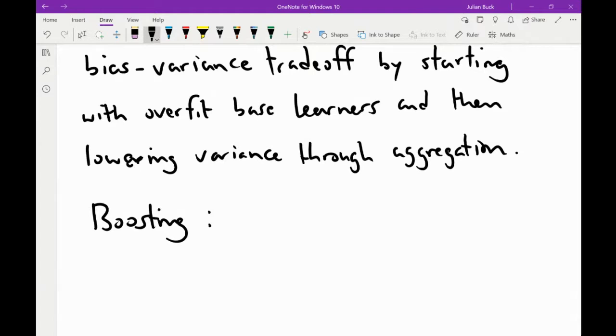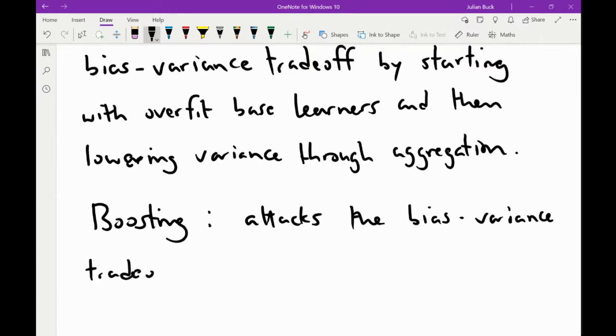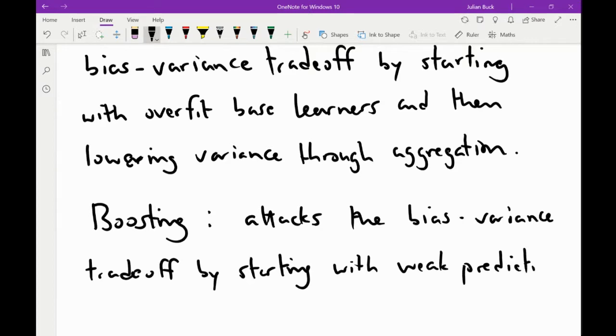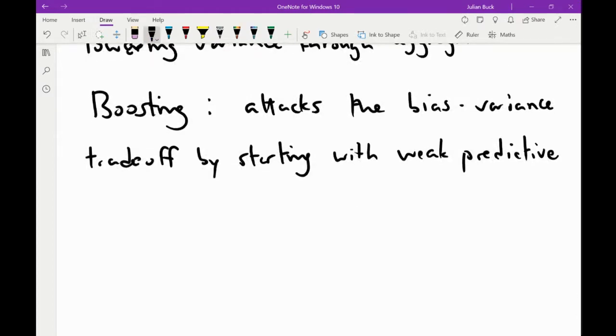So this attacks the bias variance trade-off by starting with weak predictive base learners, such as shallow decision trees.